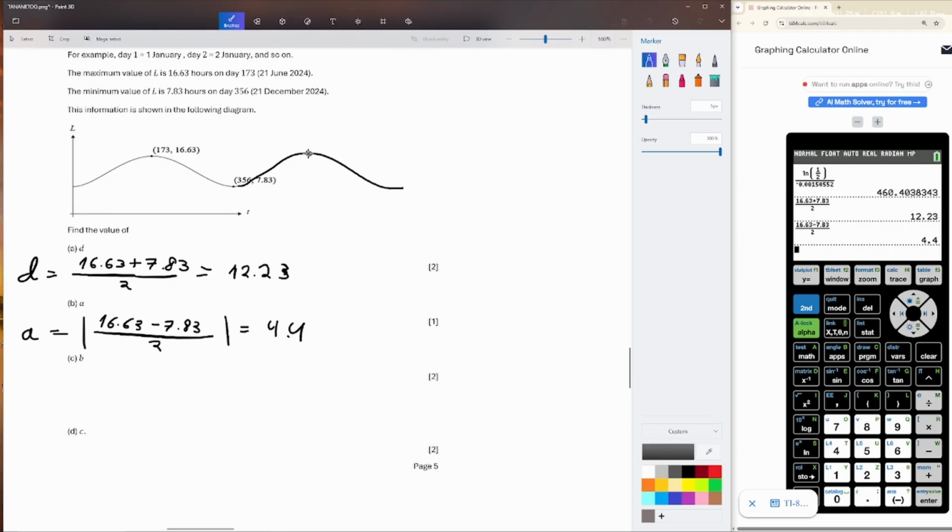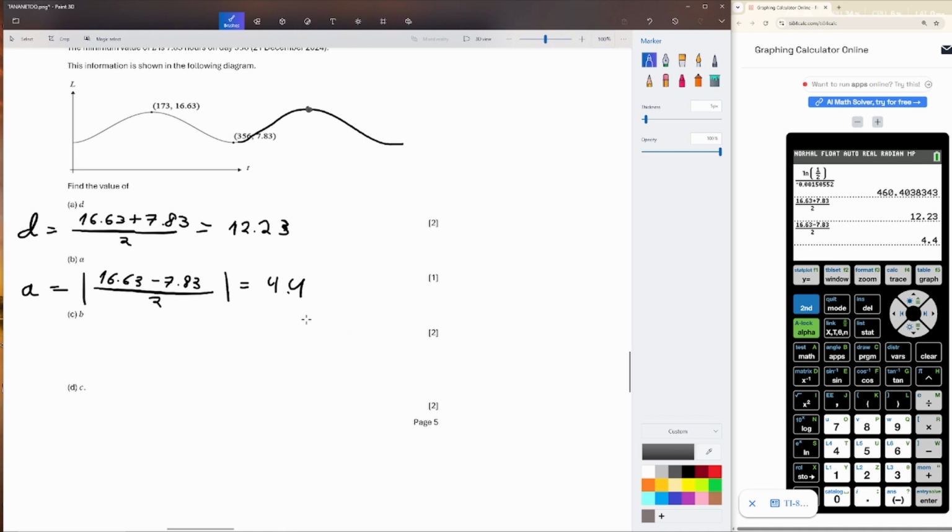And I always told you that you need to get the period, which is P is equal to x2 minus x1, where both are minimum or both are maximum.